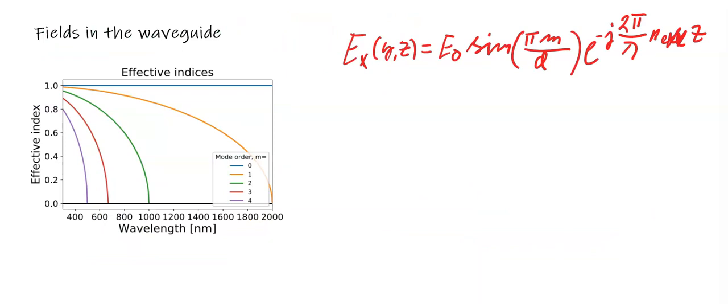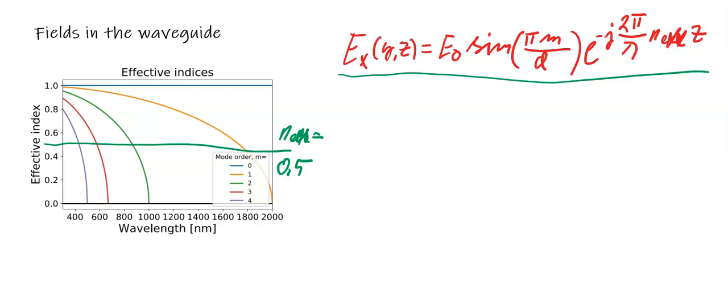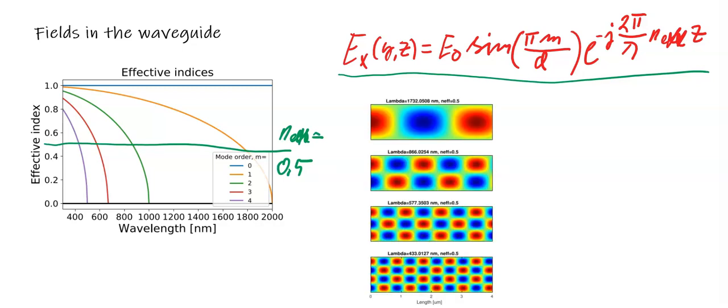So we have already solved the field of the TE polarized mode. And let's first select a constant effective index and observe how does the field look like. We select the index at 0.5. Now the M equals to 1 mode has a single maximum at the middle of the waveguide.